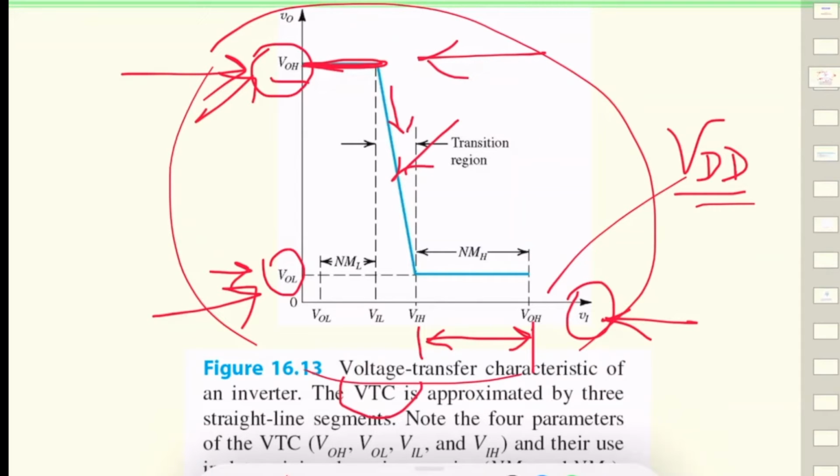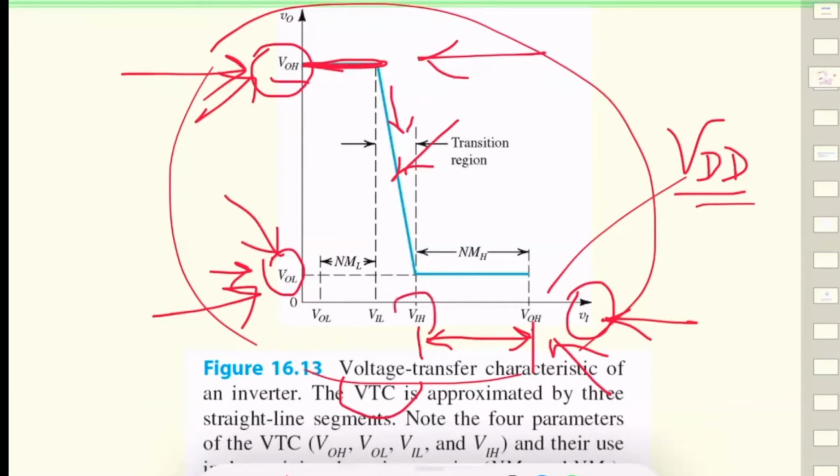So here VIH and VOH are important parameters of an inverter. VOH we know that at the extreme case, it's going to get to that point: high input, and that's going to result in low output.